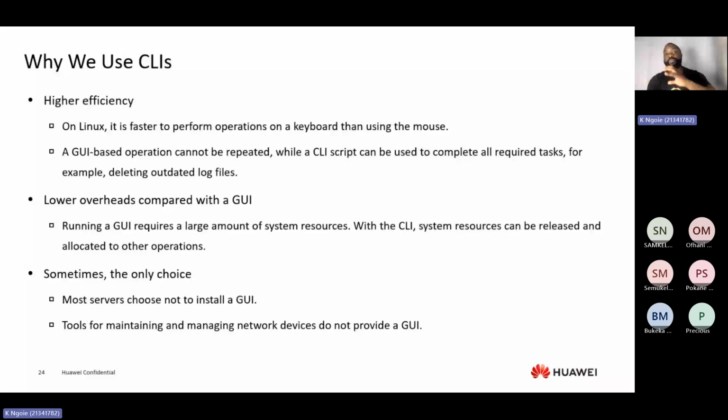So your CPU, your memory, your graphics are being used by the GUI, which will consume some system resources. But when you're using the CLI, that will require really minimal resources, right? Which will allow the system to allocate more performance to other critical tasks or applications that you are running, okay?